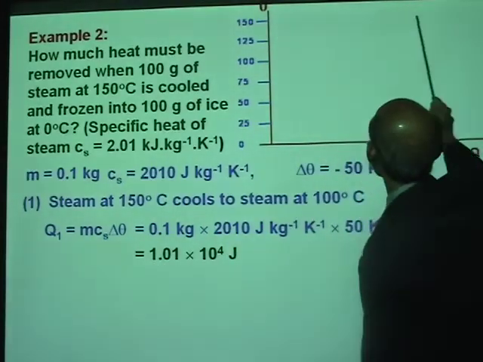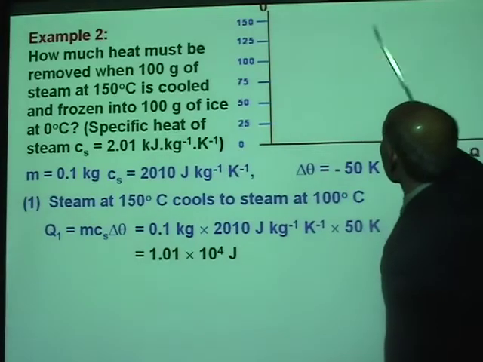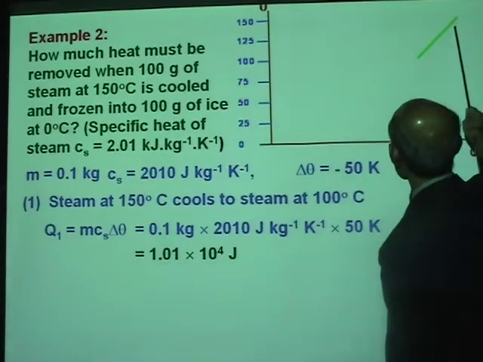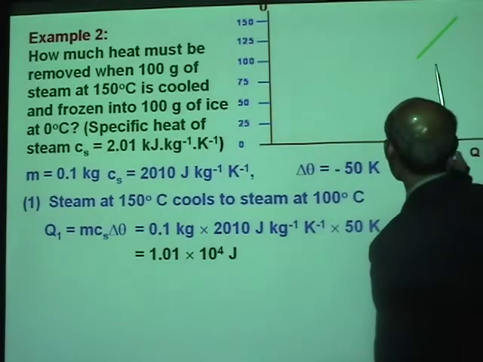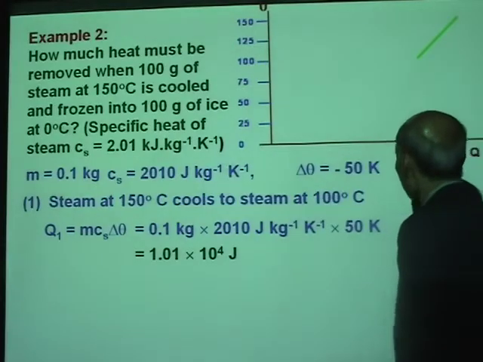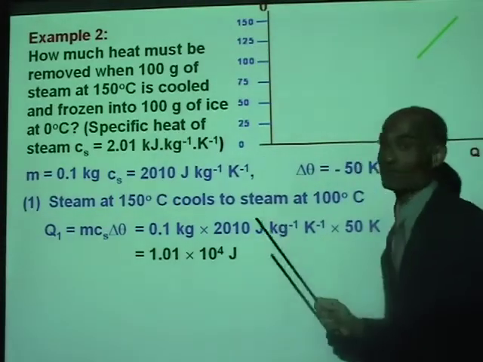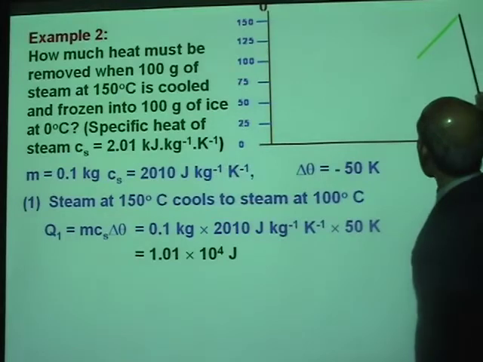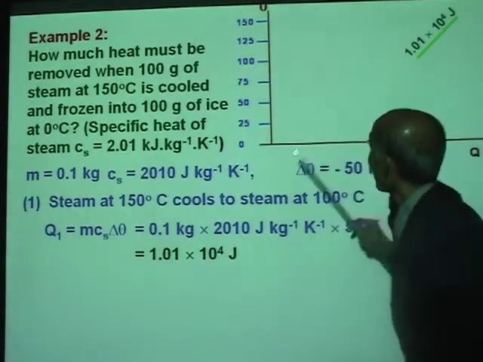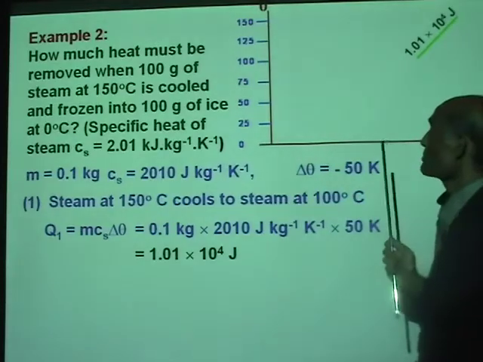Now this is where the steam is going to start, at 150. So it starts at 150 and cools down. Now I've started from the right to the left because the quantity of heat is given out. The quantity of heat given out is m c delta theta, 1.01 times 10 to the 4.